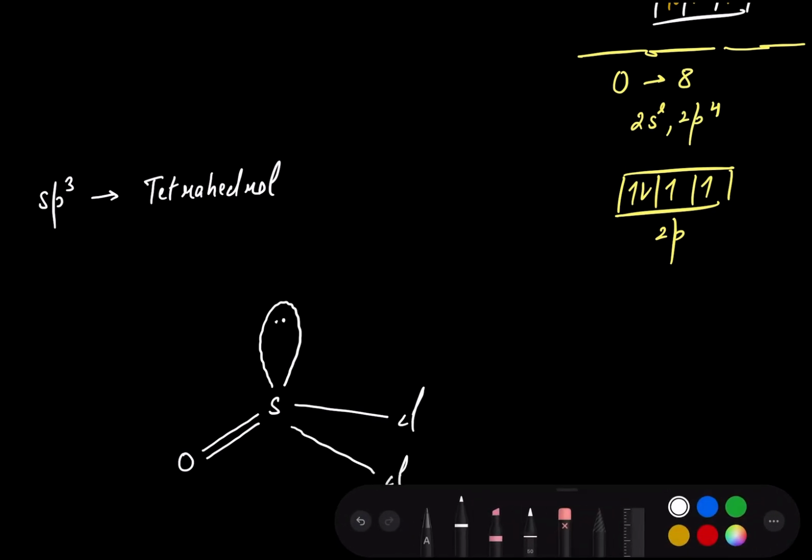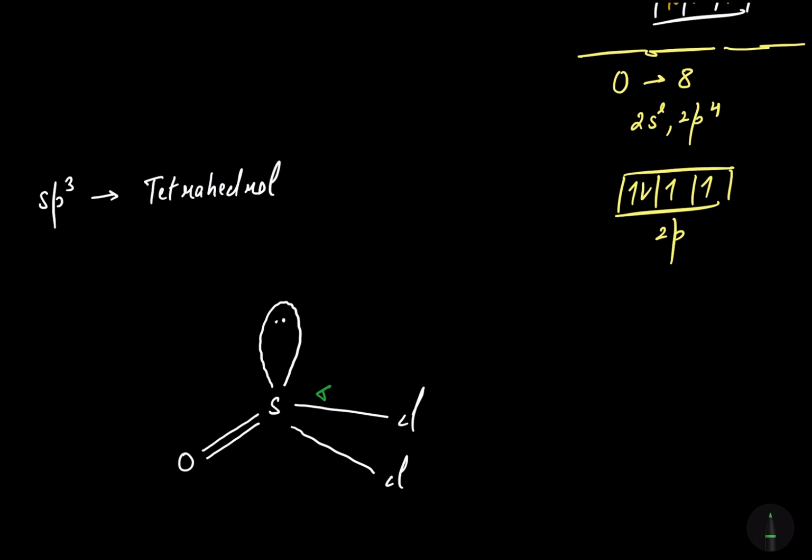Here let's mark the types of bonds. The sigma bond between sulfur and chlorine is sigma sp3p because it has been formed by head-on overlap of the sp3 hybrid orbital of sulfur with the p orbital of chlorine.